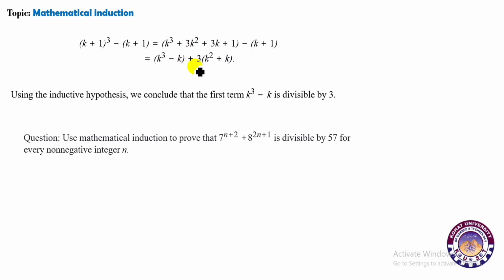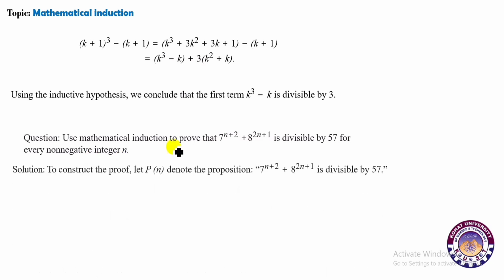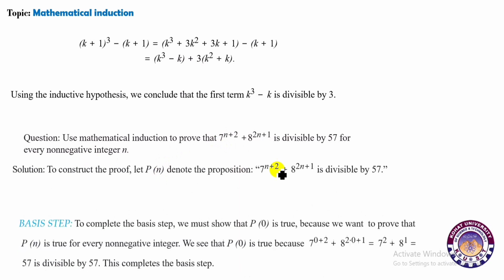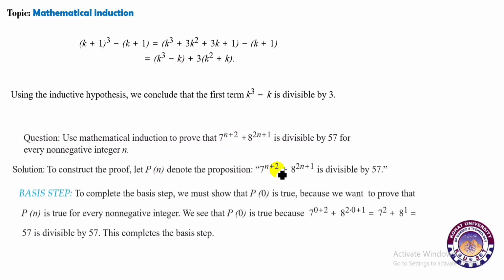Next result says: prove that 7 raised to the power n plus 2 plus 8 raised to the power 2n plus 1 is divisible by 57 for every non-negative integer, and here we should start from n equal to 0. Let the given proposition be p of n, then we prove this proposition p of n by using the technique of mathematical induction.